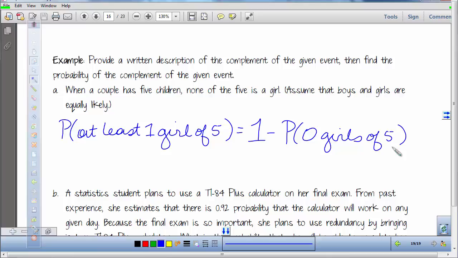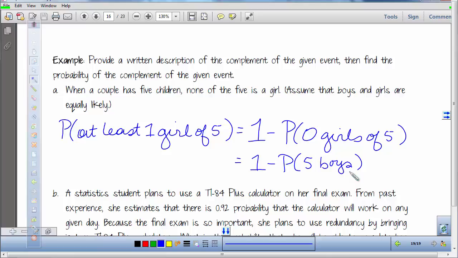Well, if we had 0 girls, then we must have had 5 boys. Think about that for a second. If we're talking about at least one girl, the only outcome that would not include at least one girl would be all boys.